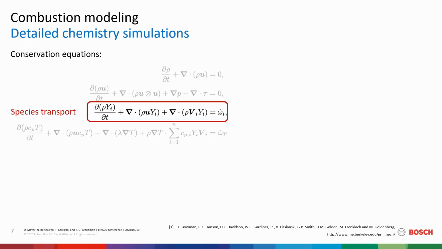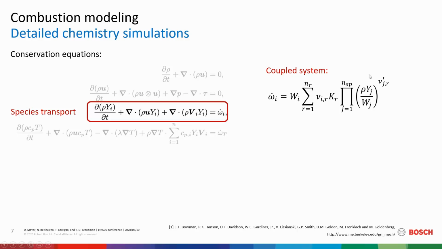And this is expensive because the system is coupled through the source term. So you can see here in the formulation of that source term, there's the mass fraction itself that you want to solve for. And this results typically in a stiff coupled system, which is expensive to solve.